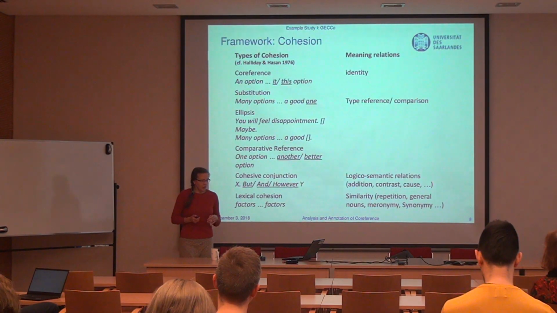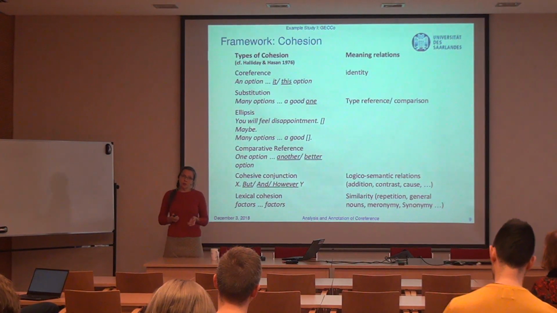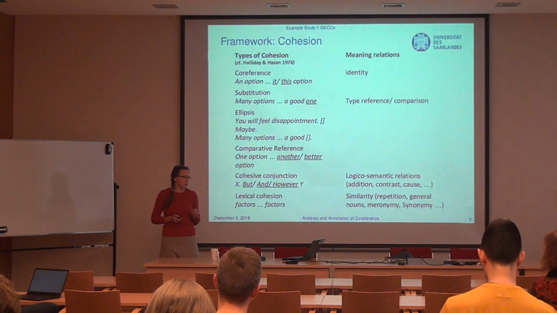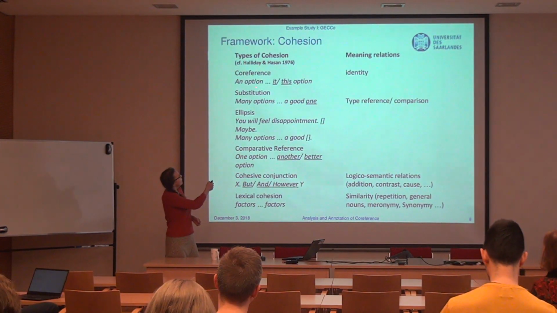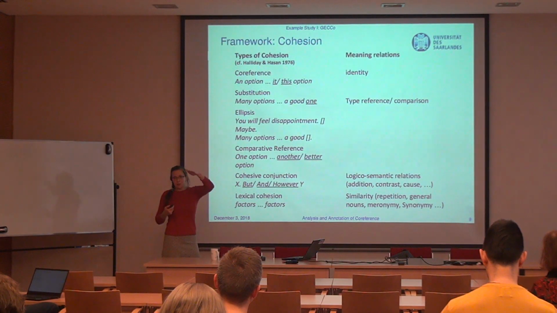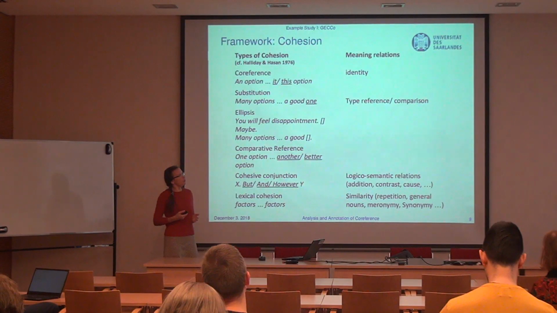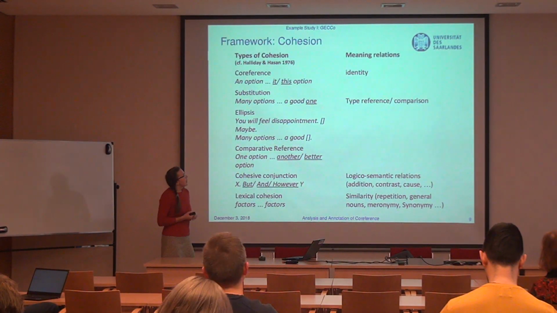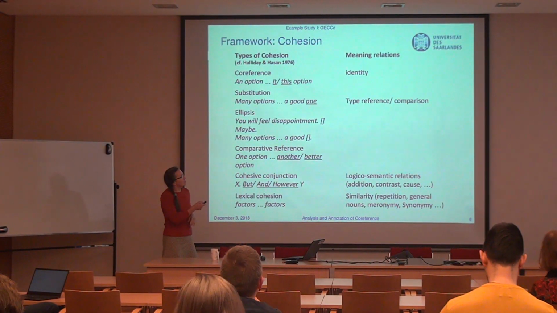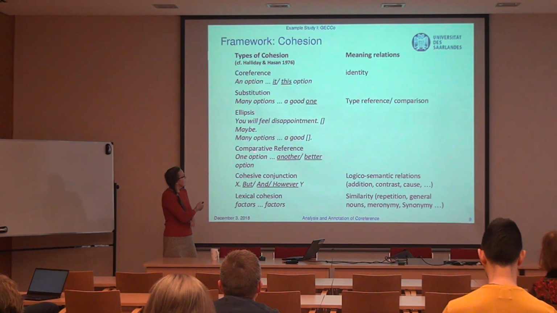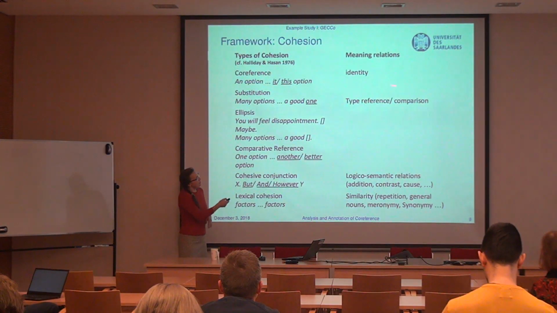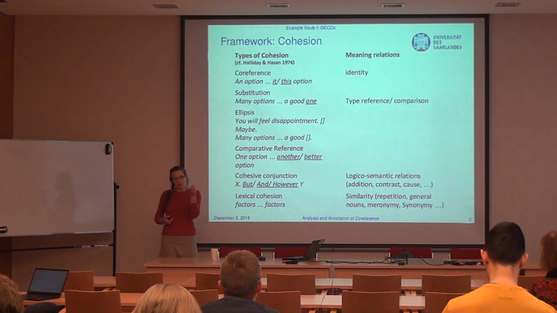And we took not only coreference, but cohesion in general, which means that we have coreference, which expresses the relation of identity, because we have the same entity or the same event that is referred to throughout a text. But there are other means, such as substitution, ellipsis, or comparative reference, cohesive conjunction, lexical cohesion, that differ from coreference through the meaning that they express.